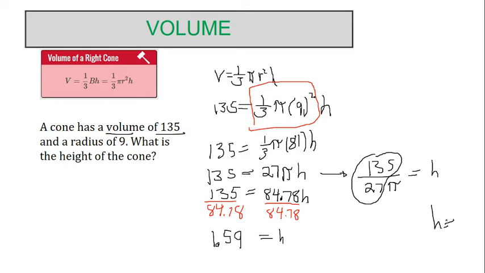So then you get that the height was equal to 5 divided by pi. So that would be the exact height of this cone. All right, so then if you took 5 and divided it by pi, using 3.14, you should end up with this answer here.